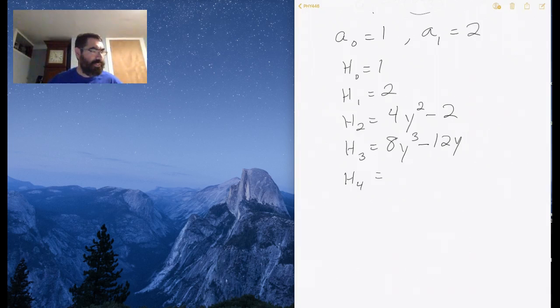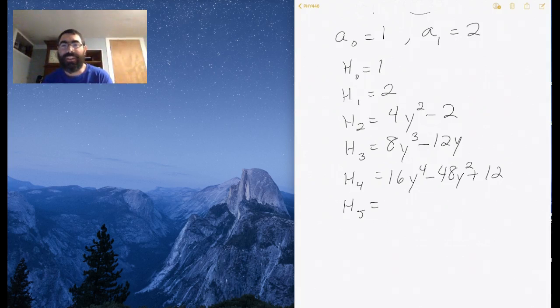h4 is equal to 16y to the fourth minus 48y squared plus 12, and finally h5, the fifth polynomial in this set, is 32y to the fifth minus 160y cubed plus 120y.